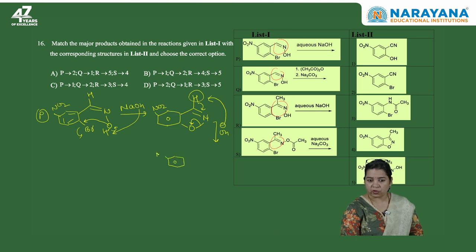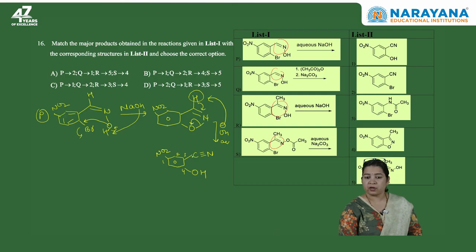So this H is gone, and this is becoming C triple bond N. This bond is being broken, so I'll say O minus. But as the conditions are aqueous, I'll write OH. Okay, so 1, 2, 3, 4. Relative positioning, not the IUPAC positioning, I'm marking. Relative to NO2, at the third position I need CN, and at the fourth position I want OH. It seems structure 1. Okay, so what we are getting is structure number 1.